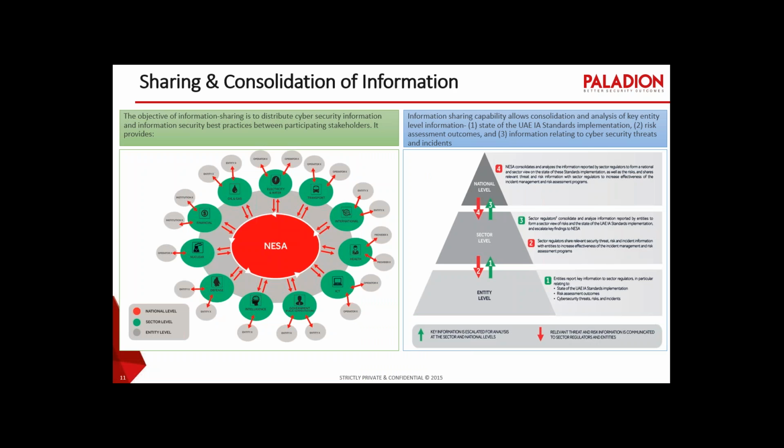The objective of this information sharing capability is to distribute cybersecurity information and information security best practices between participating stakeholders. So we have three levels of stakeholders: NESA itself, then the sector regulators of each sector, and then the entities or operators of each sector. These three levels of stakeholders would be using a secure platform to share and consolidate information.